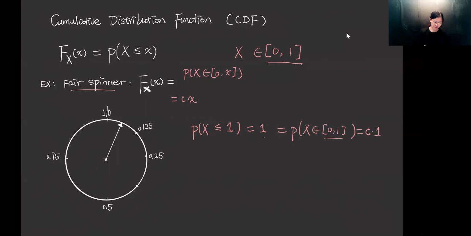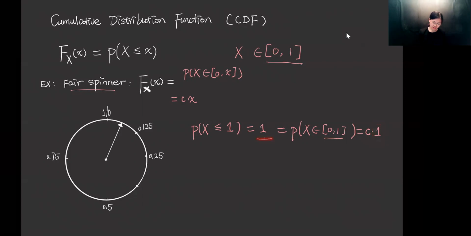This one comes from the axioms of probability, and this one comes from what we assumed about the spinner. We assumed the spinner to be fair. Therefore, we want the probability that X belongs to any interval to be proportional to the length. Okay.